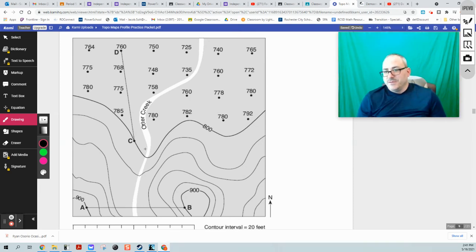Oh well. Let me redo it. 880, 860, 840. Right, I'm going down by 20. Contour interval of 20 feet. This is my low point in this map, which means that I must be coming back up. So this 840 is my guess, because I don't see a line in between it.